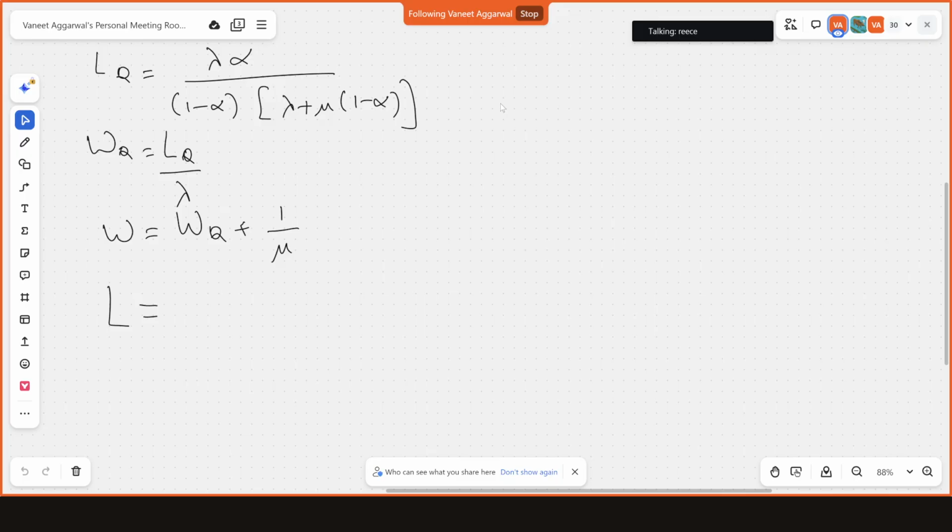Lambda times W. So this is an approach with which you can calculate all the metrics even for bulk analysis.